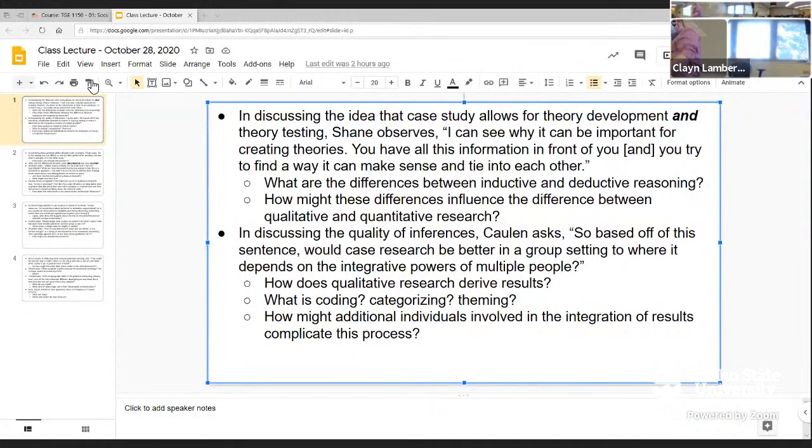Deductive reasoning, I'm going to look at the evidence because I either want to prove that person X is innocent or guilty. What does inductive reasoning try to do? I look at the evidence, and what does the evidence suggest? It suggests person X or person Y is guilty. What's the difference in the two approaches?